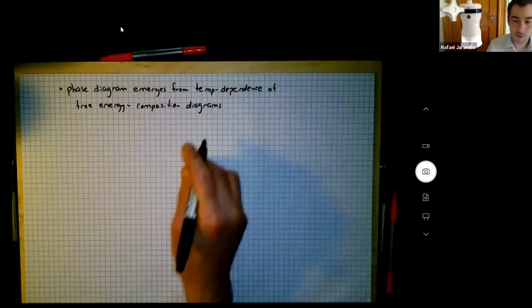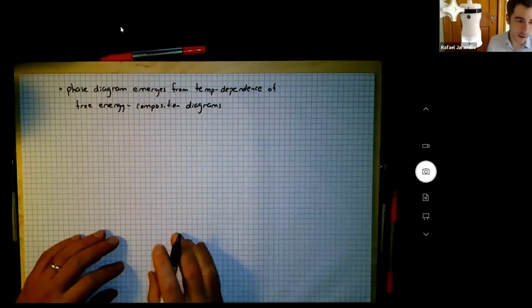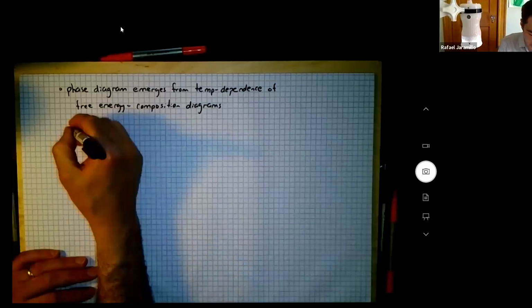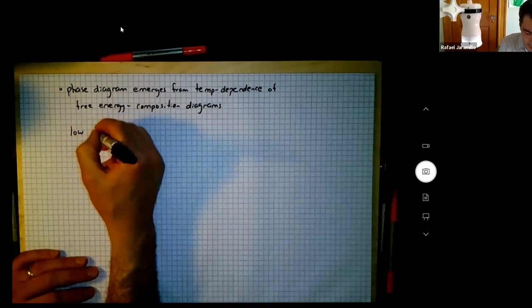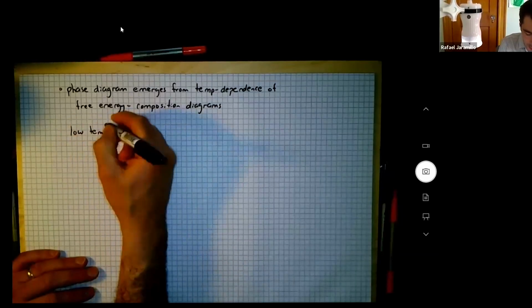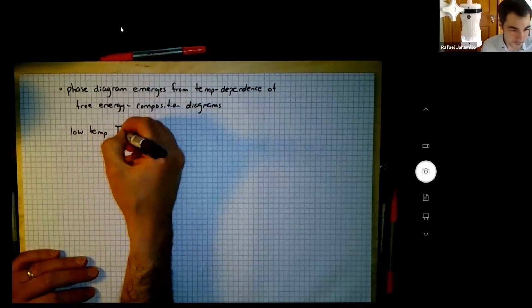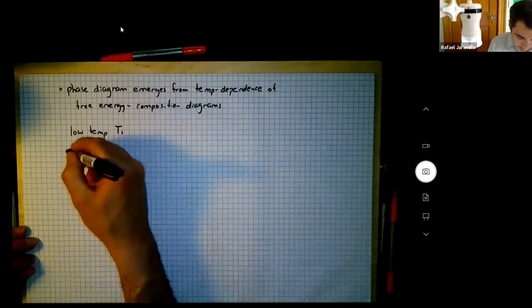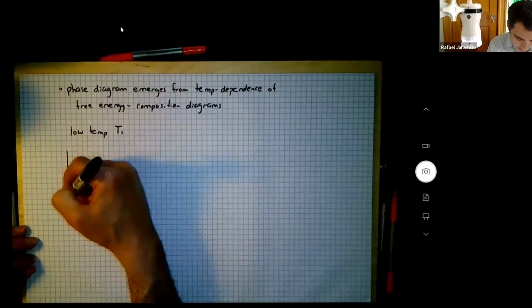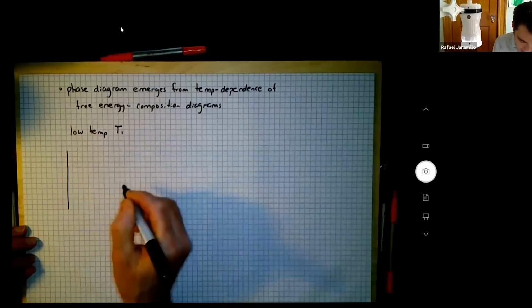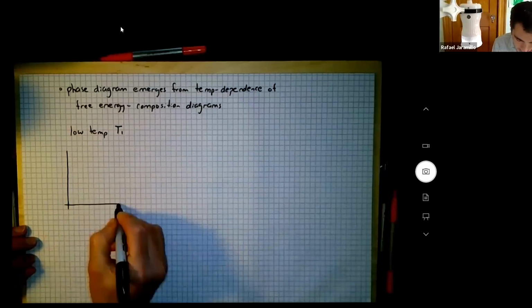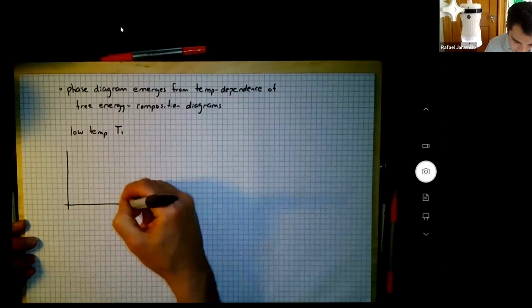So I'm going to draw some snapshots here of how that happens, and then we're going to spend a lot of time in the next couple of weeks on this. So let's say at low temperature T1, let me draw a free energy composition diagram for this spinodal system at low temperature.